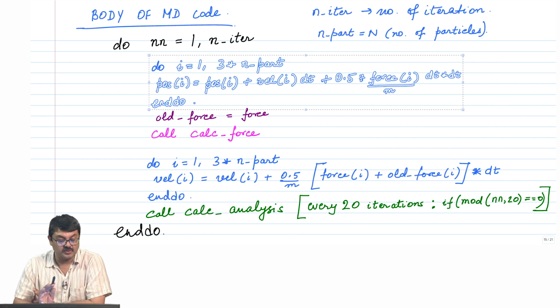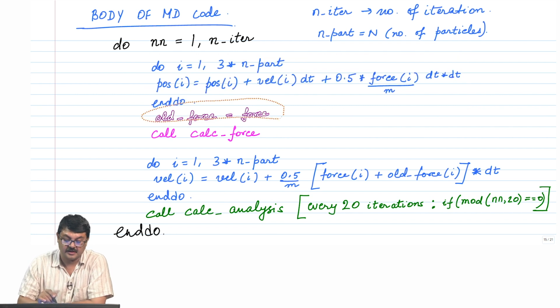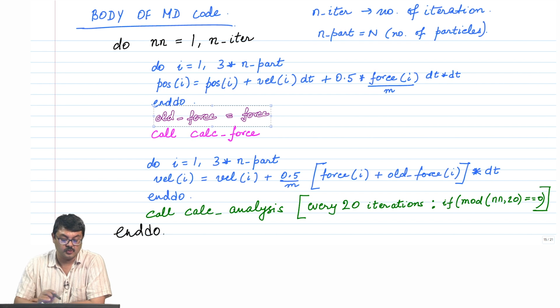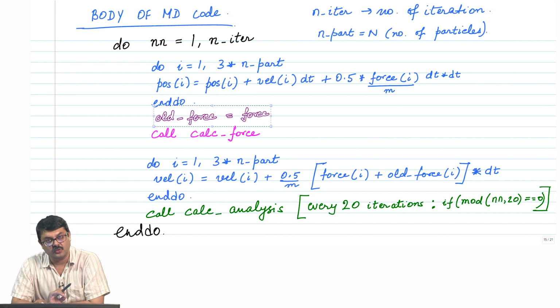Then you already have the previous expression for the force that you save in an array called old force. If you are doing Fortran 90, you do not have to run a loop. If force is an array and old force is an array, you can just directly write it like this, and each element of the force will be saved into old force.